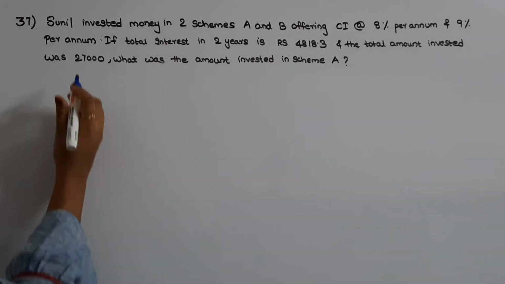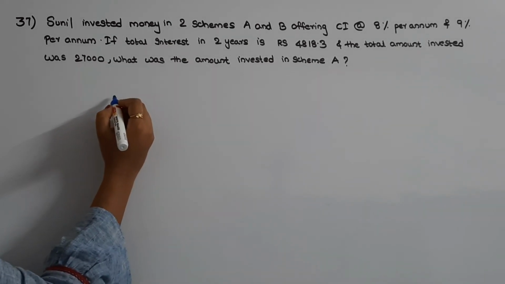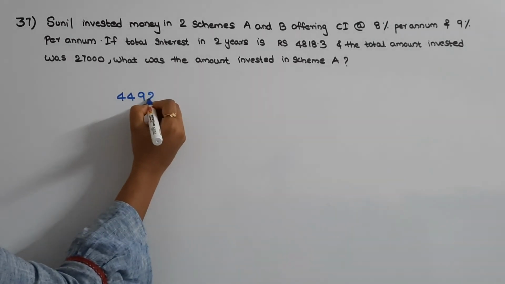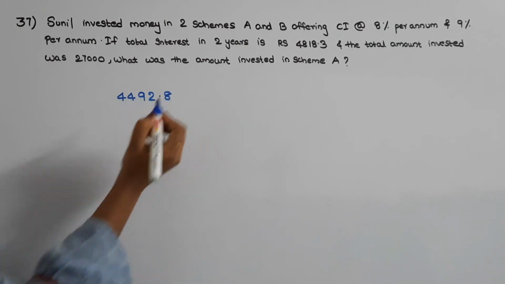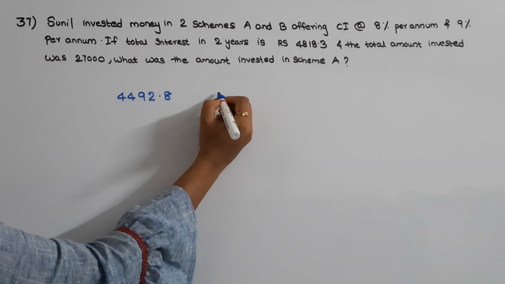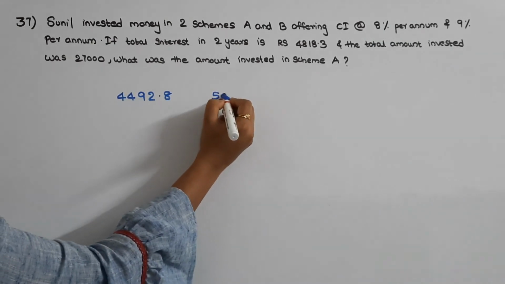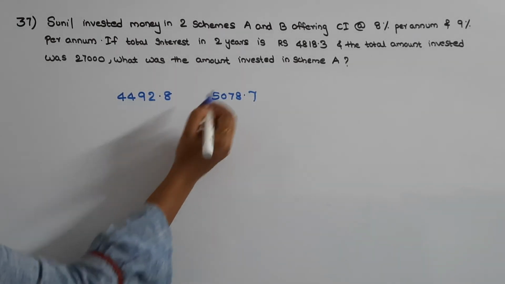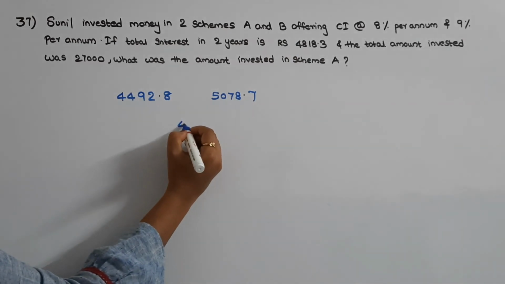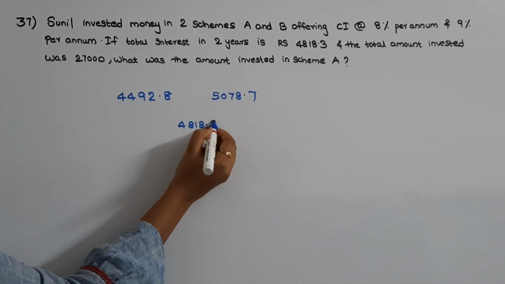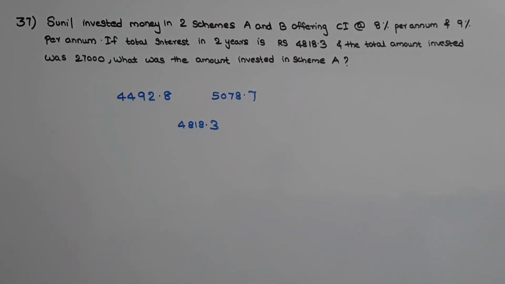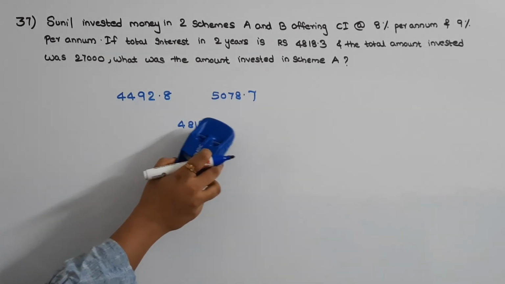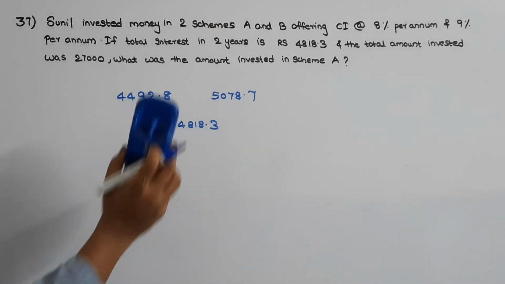Here you need to write the compound interest in the first case, that is 4492.8. And what is the compound interest in the next case? That is 5078.7. And what is the total compound interest given? That is 4818.3. Now in all the cases, the decimal points are at the same place, that is after the ones place.